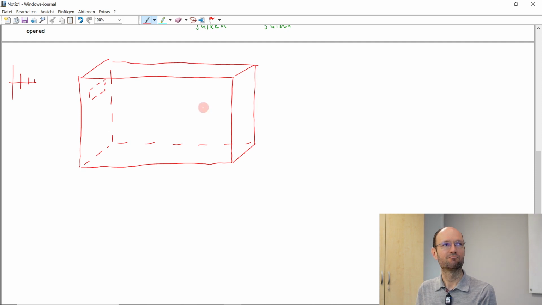So the field will enter here through this aperture, and then what will happen? The field will propagate through our shielded enclosure and will hit this metallic wall. It will be reflected back, and it will hit this wall, and it will once again be reflected back.